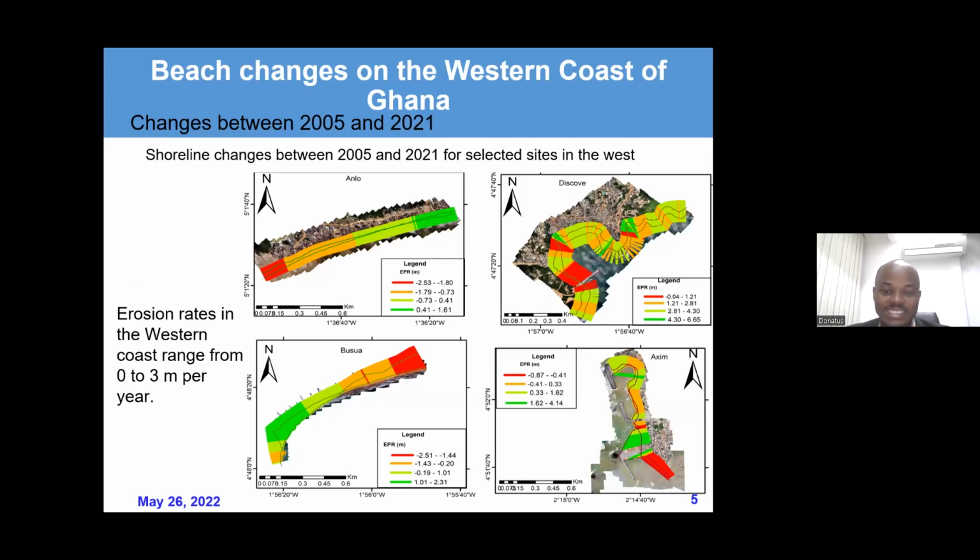Overall, erosion here is less than 3 meters. From Angnuureng Beach to the end of Ghana, that is towards ACECoR, erosion here is quite minimal.